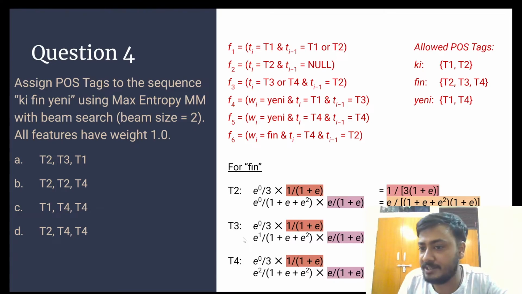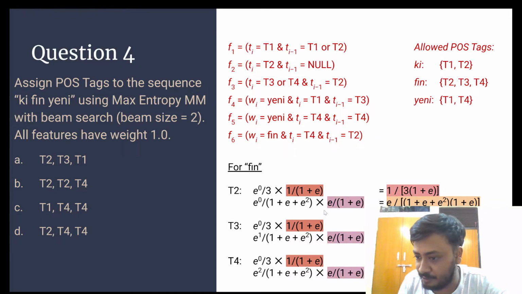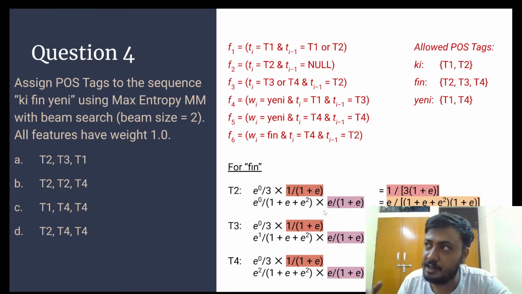Now the second word is fin, and the possible tags are t2, t3 and t4. All right, so let us look at this, and we have to remember where we are coming from. As the beam size is 2, in the previous step we have two maximum values, right? And you have to consider the combinations at the current step with all possible values from the previous step. Because the beam size is 2, you only need to consider combinations with the two highest values.